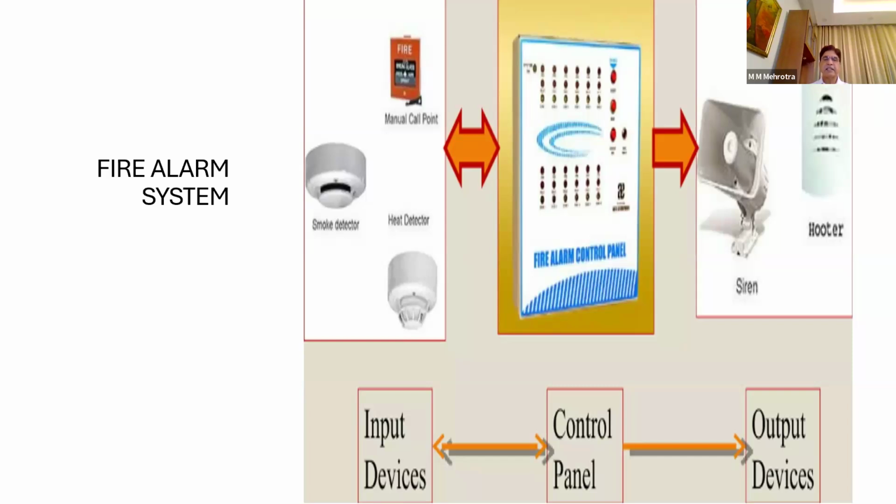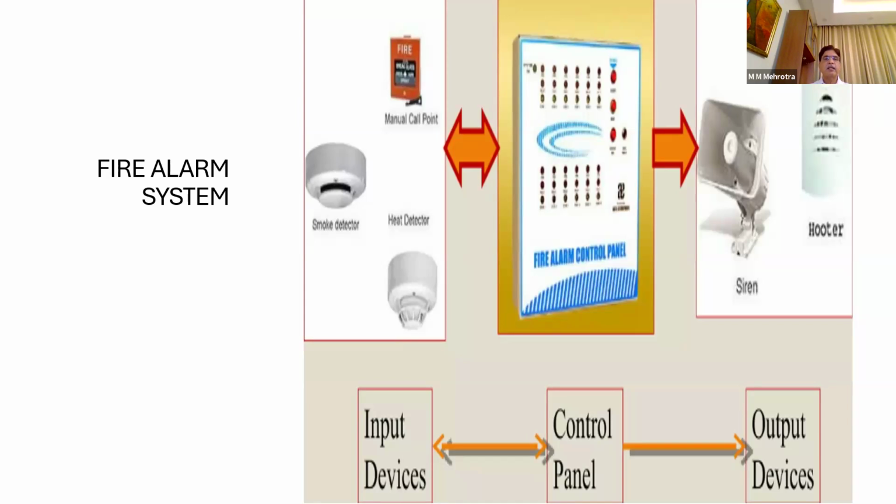So now the area is divided into zones. Each zone will have a certain number of detectors. So they will be terminating onto this control panel. If I see this, you can see on my slide, there is an output device.